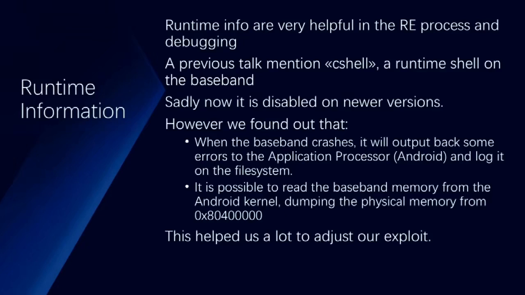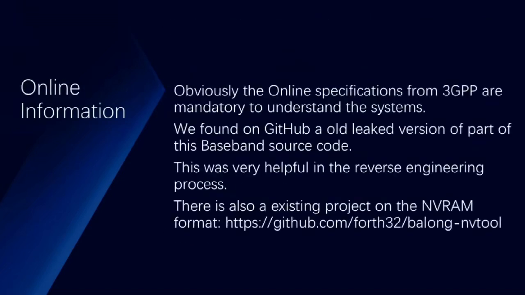However, we found out that when you crash the baseband with some bug, it will output some logs to the application processor and store them on the file system. And also, if you have kernel code execution, you can just read the baseband memory from the physical memory of the device, starting from this address. This kind of memory dump capability helped us a lot to adjust our exploit.